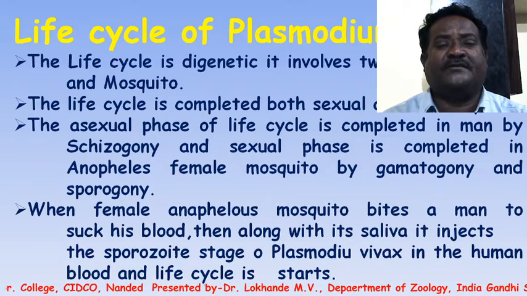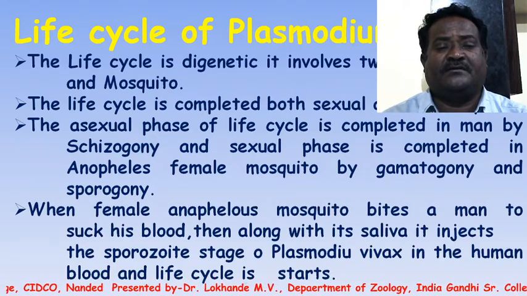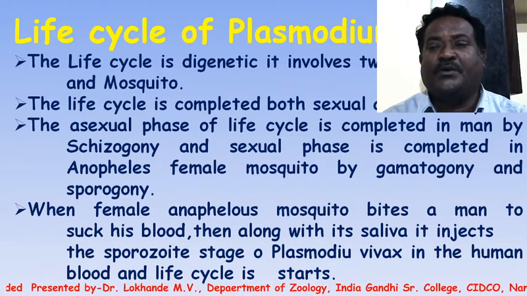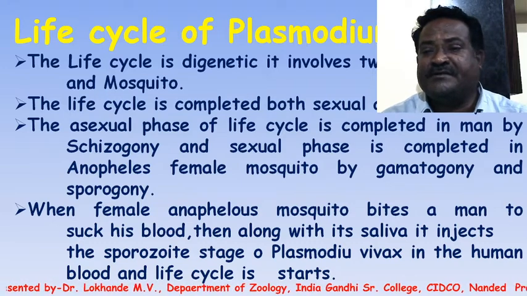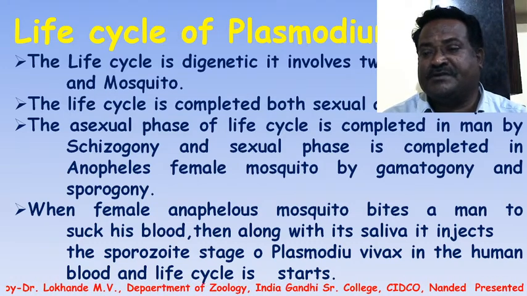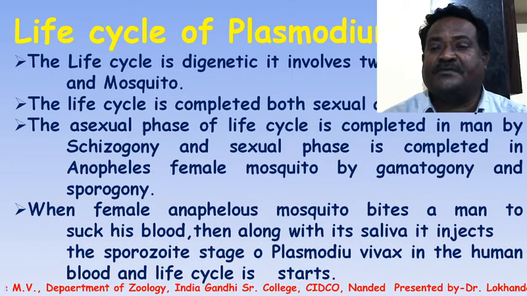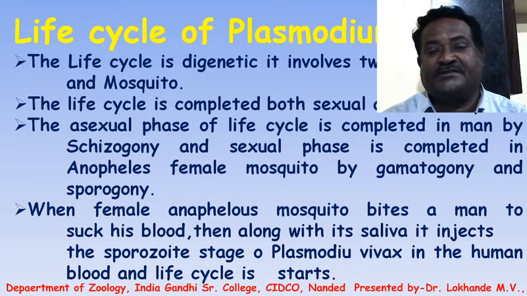So first of all, these are the two ways of infection, to man and to the mosquito. When an infected man is bitten by the female Anopheles mosquito, the mosquito gets infected. That is one way.